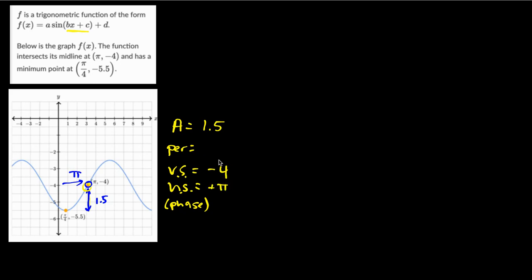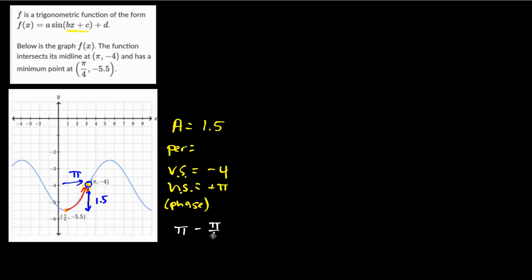And then for the period, we need to use these 2 points to figure this out for ourselves. That's a quarter of a period they've drawn there from pi over 4 to pi. So calculating the period, pi over 4 to pi, that's a distance. We do a little subtraction here.